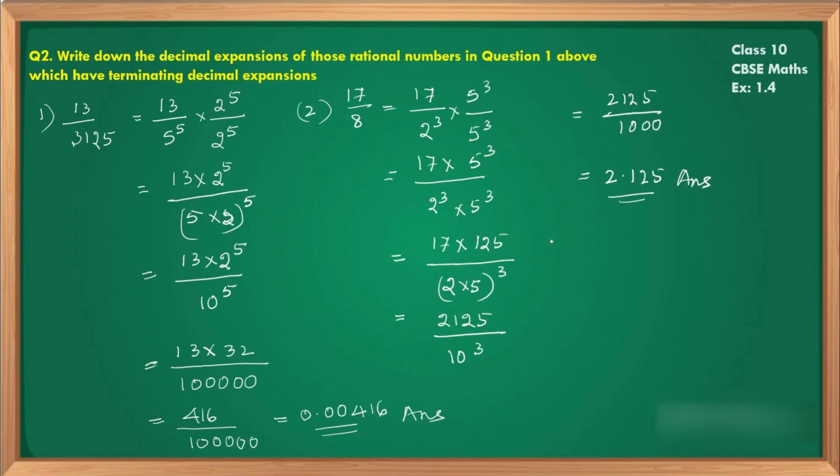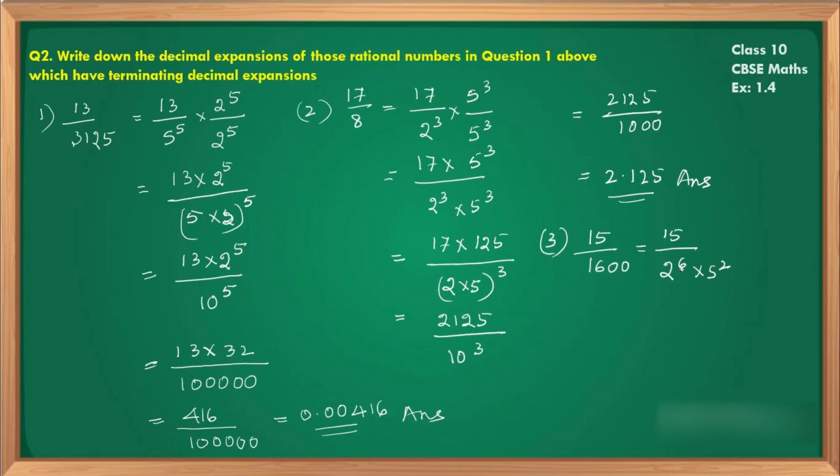Now we go to question number 3. The other number which was terminating in the above question was 15 by 1600. When we factorized 1600, we got 2 to the power 6 and 5 square. So we have 15 divided by 2 to the power 6 and 5 square. Now we have 2 and 5, but what we don't have is a common exponent.